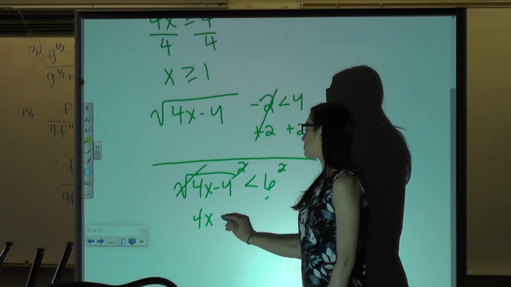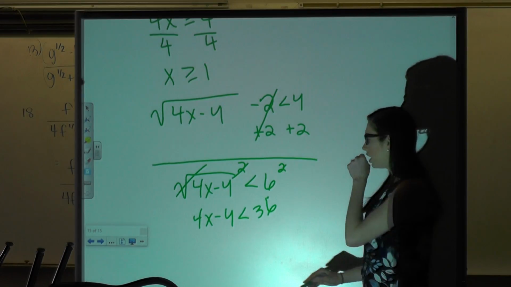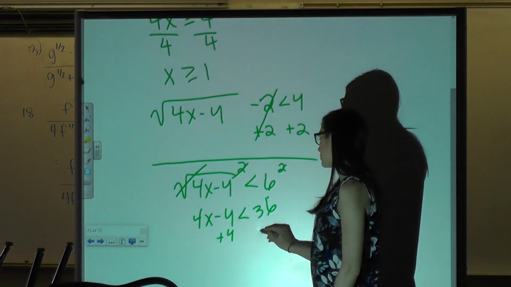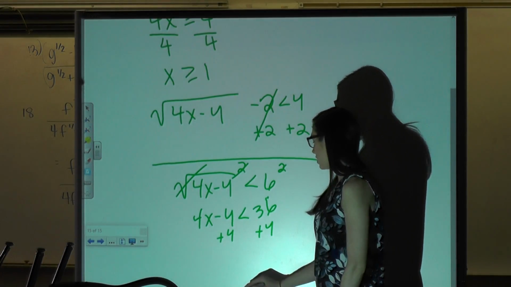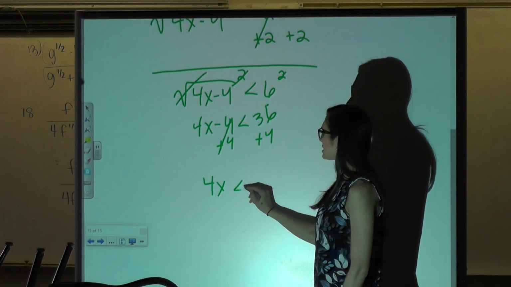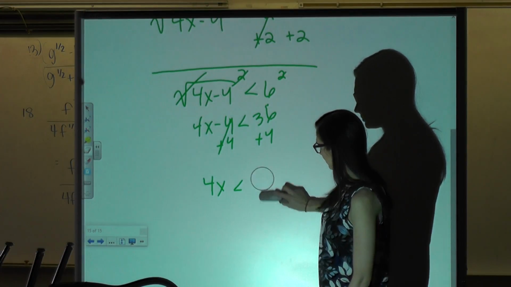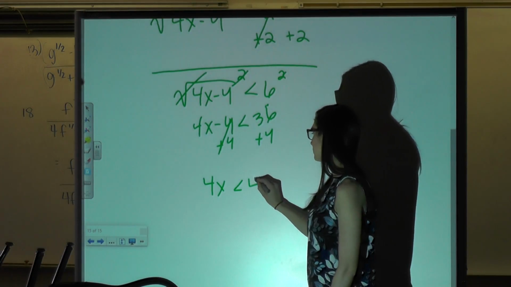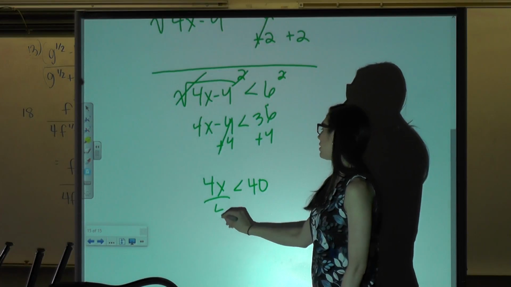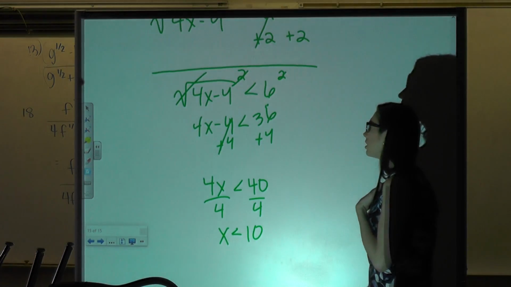You get 4x minus 4 is less than 36. Add 4 to both sides, and you get 4x is less than, not 10, 40. Getting ahead of myself. Divide by 4, divide by 4, x is less than 10.